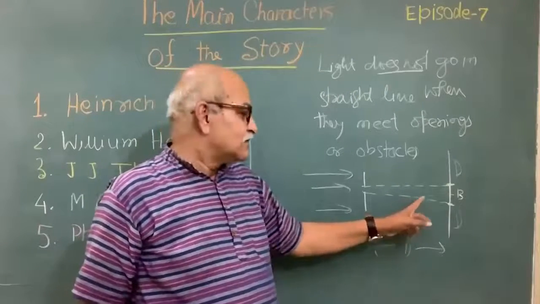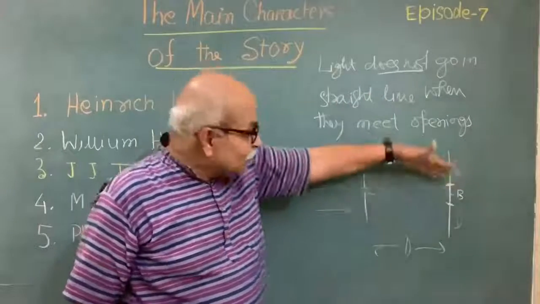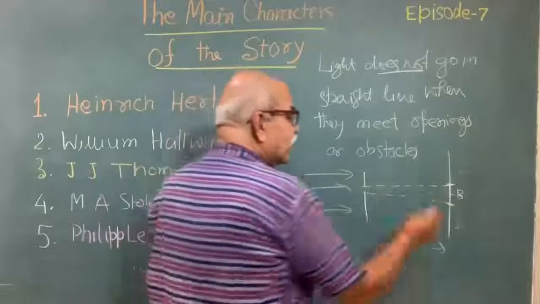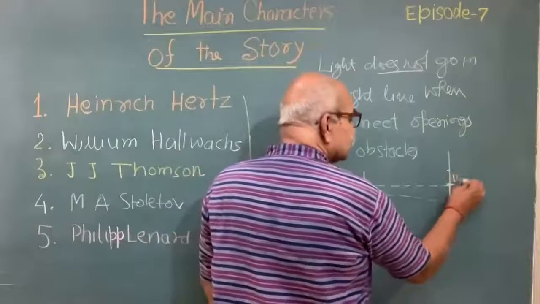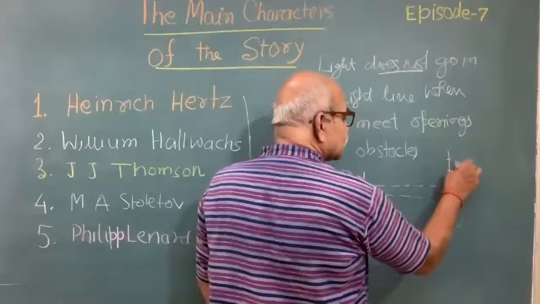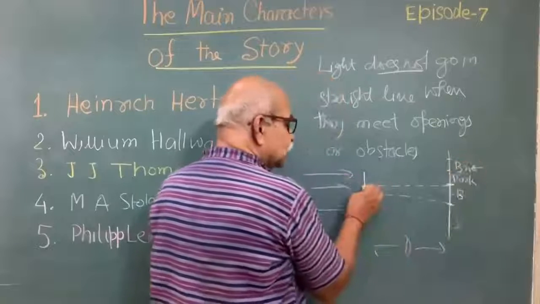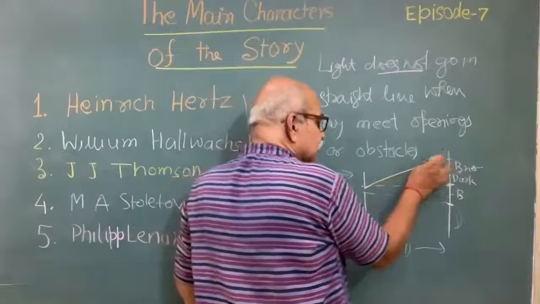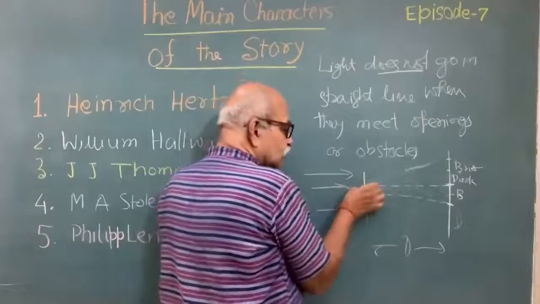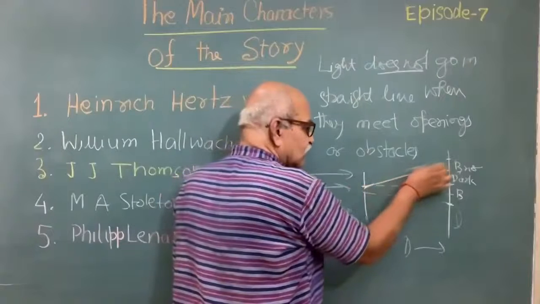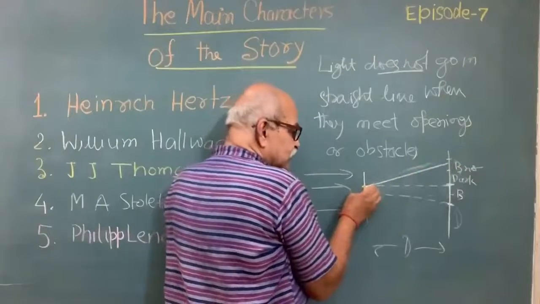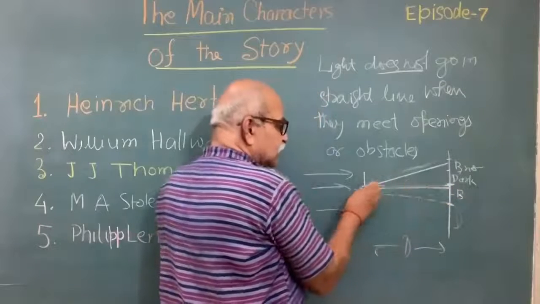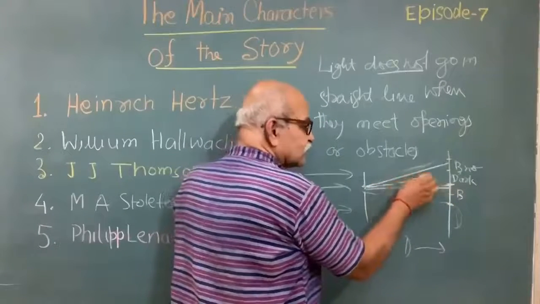But the more interesting thing is, this whole thing is not dark. You do have dark here, but then after that you again have bright. So the light is going in this direction, but light is not going in this direction.